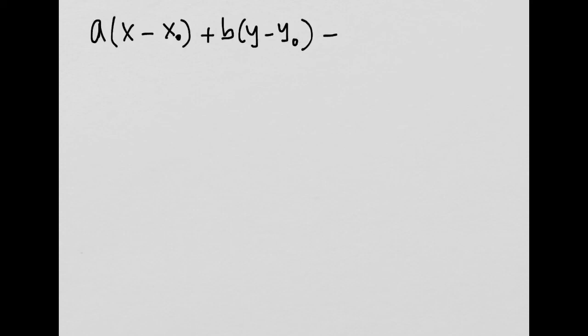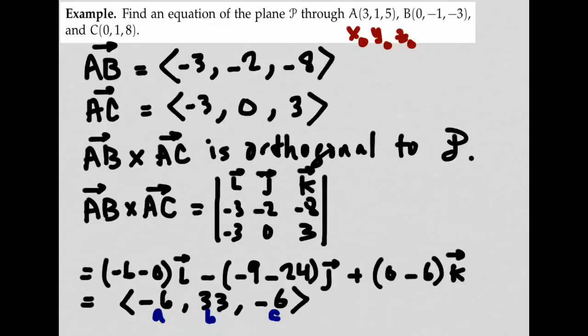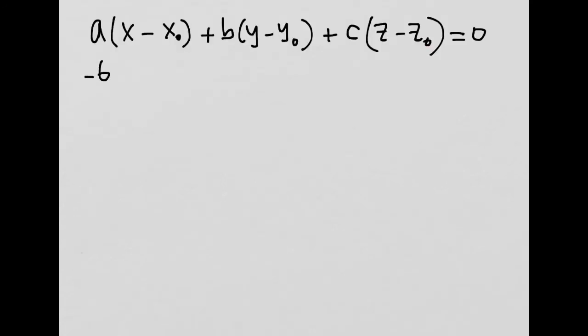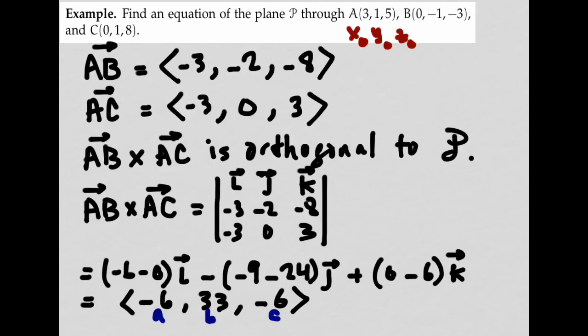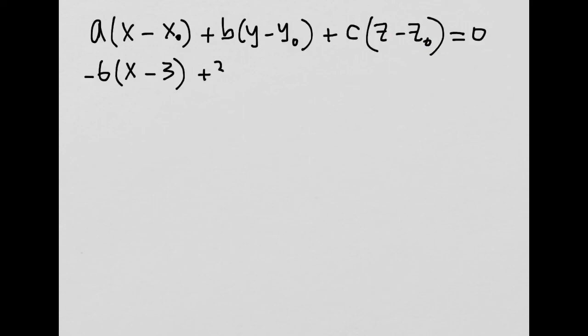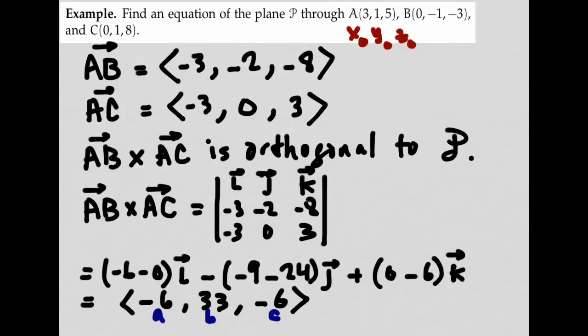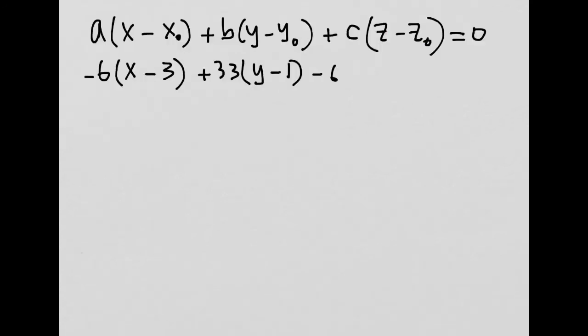So an equation of the desired plane is a(x minus x0) plus b times (y minus y0) plus c times (z minus z0) all equals 0. a is minus 6 and x0 is 3: minus 6(x minus 3). b is 33 and y0 is 1: plus 33(y minus 1), and c is minus 6 and z0 is 5: minus 6(z minus 5) equals 0.